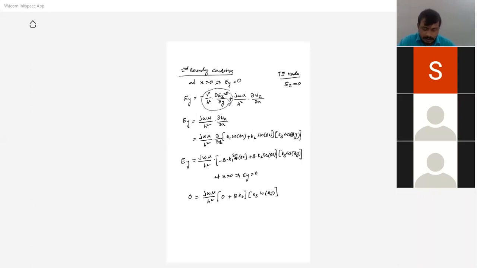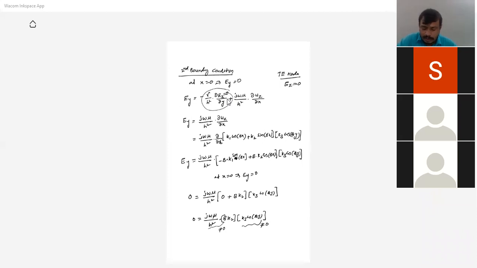Right? So now in the same manner, 0 is equal to j omega mu by h square into b into k2 into k3 cos a. So this is non-zero, this is non-zero, and this is also non-zero, but the product is 0.